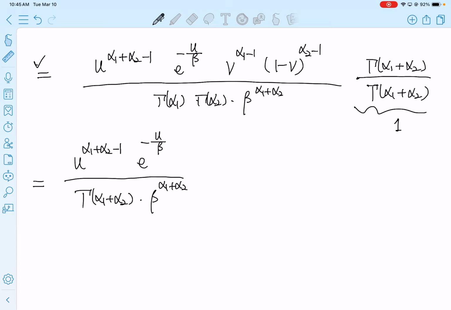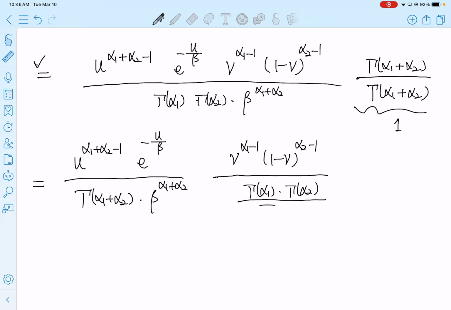For the second part, we have v raised to the power of alpha 1 minus 1, 1 minus v raised to the power of alpha 2 minus 1. And now let's divide it by the gamma function of alpha 1, gamma function of alpha 2.